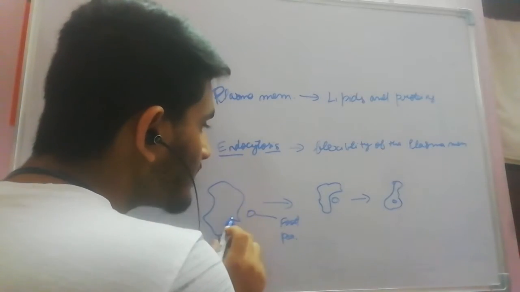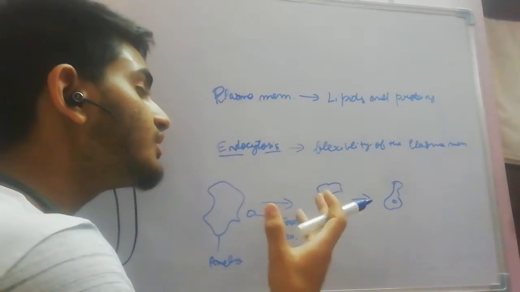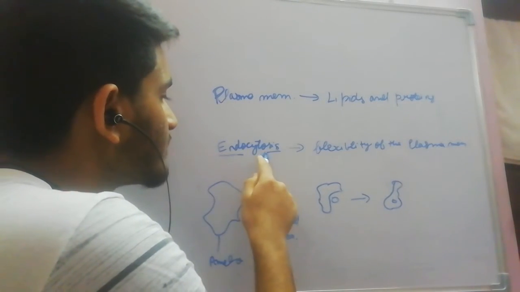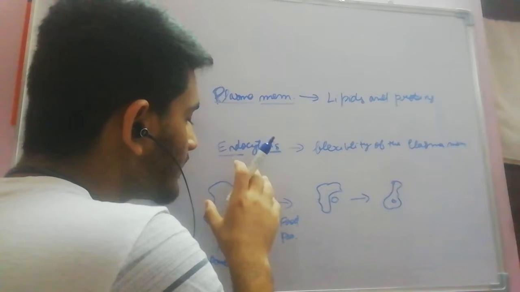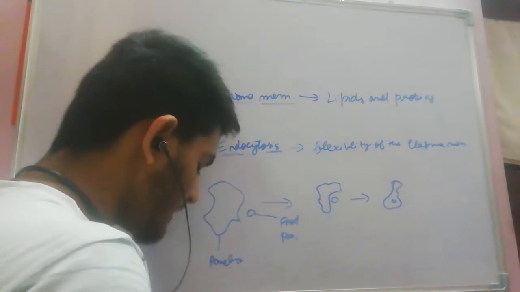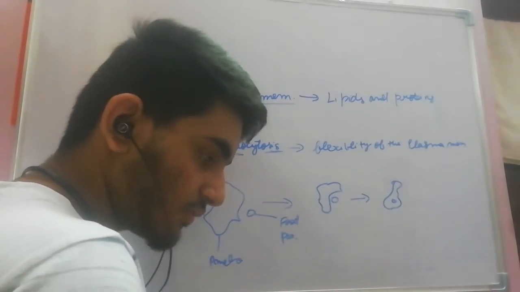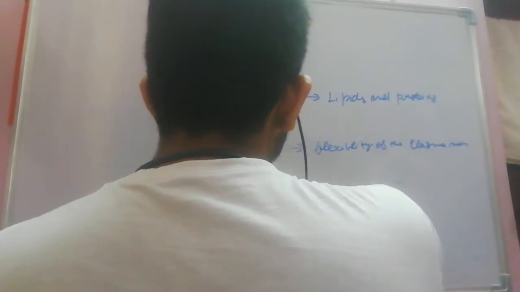The amoeba moves from here to here and here to here with the help of endocytosis, and endocytosis is the flexibility of the plasma membrane. So the amoeba uses the process of endocytosis to engulf its food and eat it or store it.